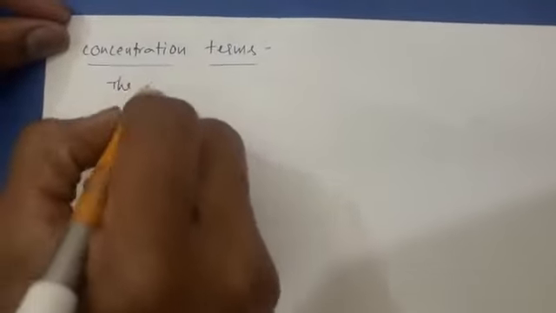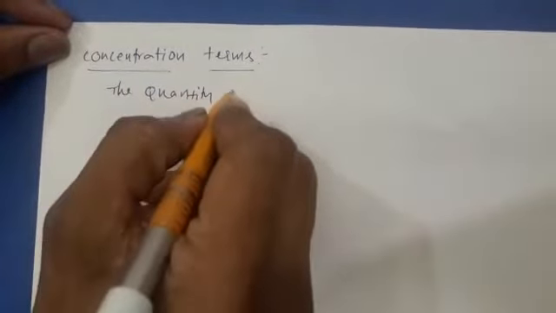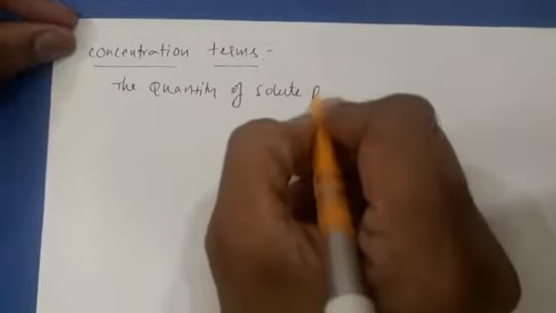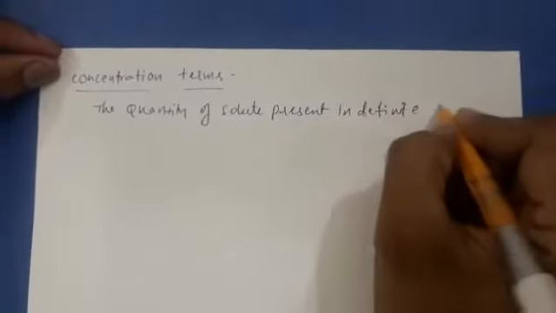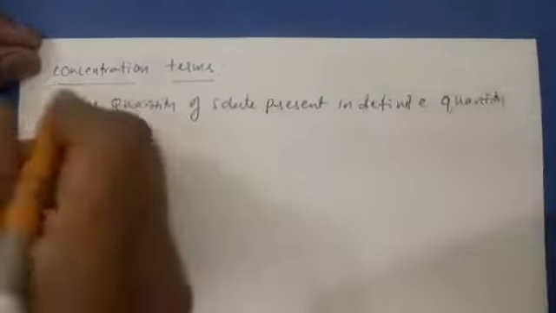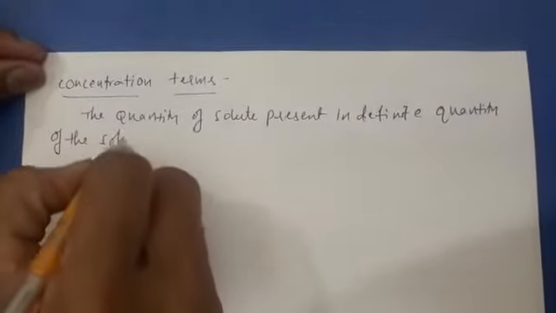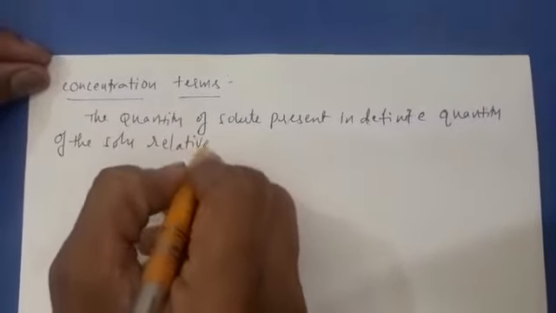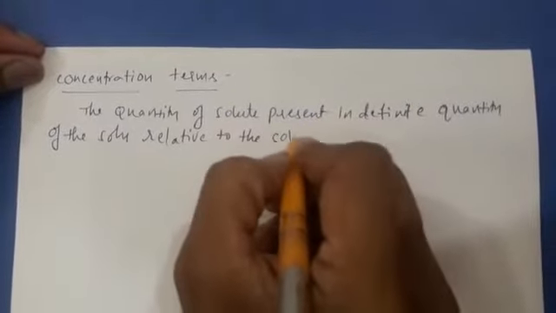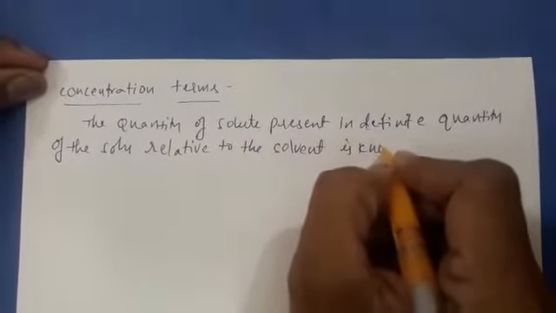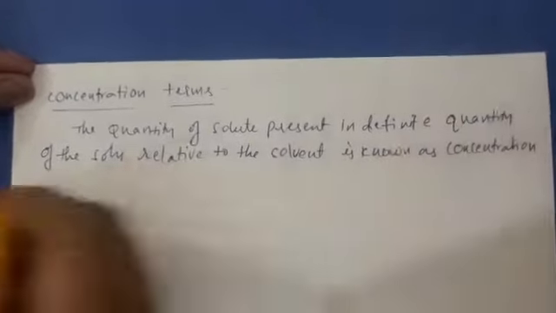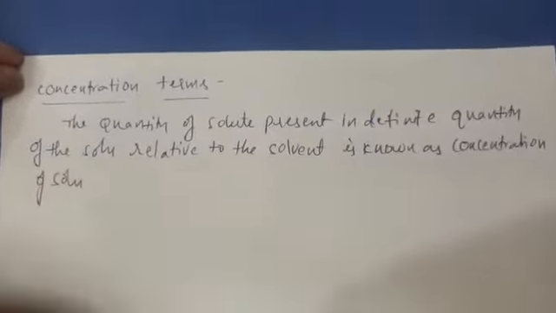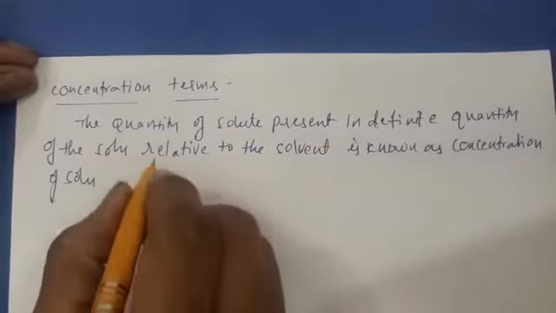So, concentration is the quantity of solute present in a definite quantity of solution relative to the solvent, is known as concentration of solution, and this is also called the strength of the solution.